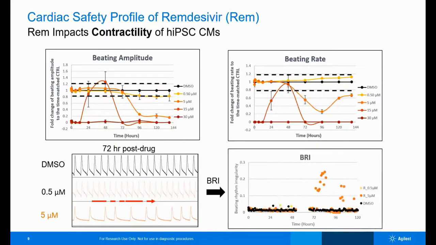Based on our empirical data, if the BRI value is above 0.1, that will suggest irregular beating rhythm or arrhythmia. From this time course of BRI, we can see 5 micromolar remdesivir disrupted the cell beating rhythm after 72 hours post-drug, which remained on and off until the end of the test.